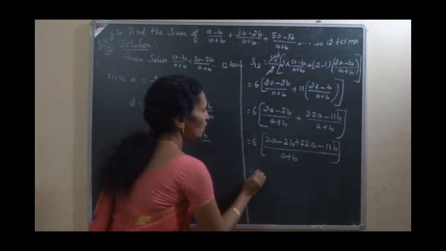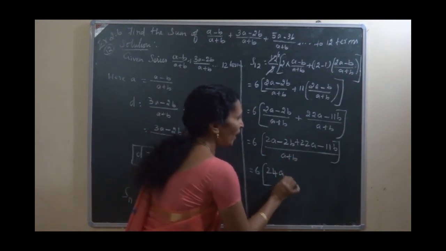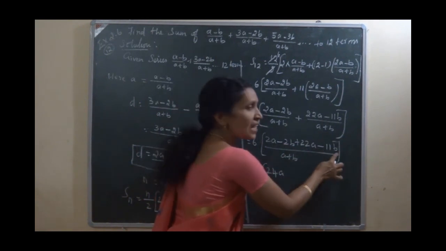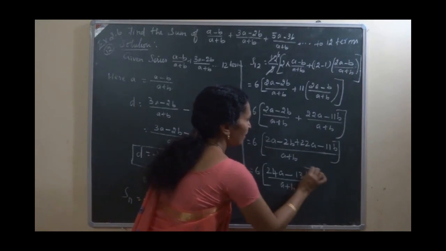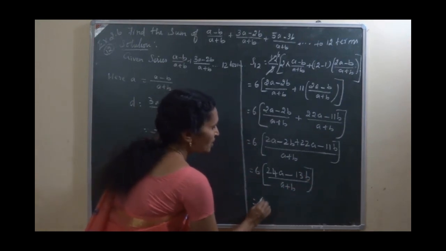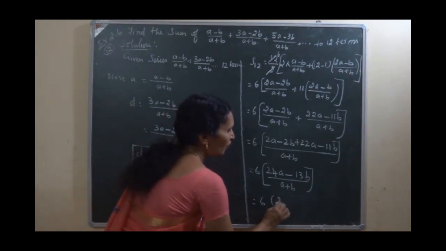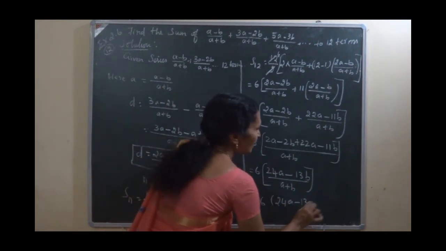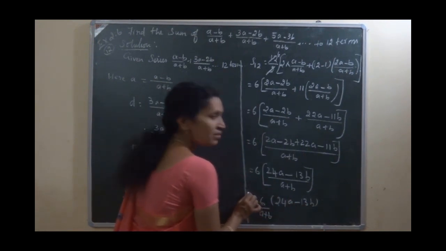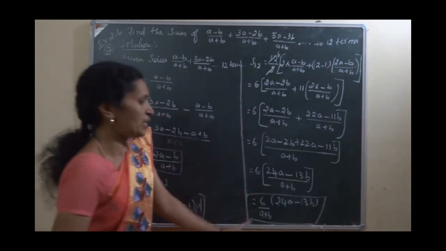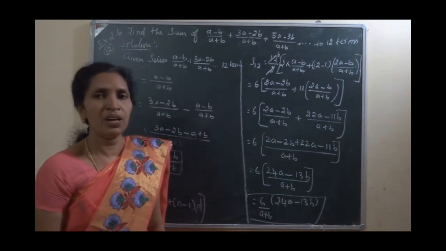That is equal to 6 into 2a plus 22a, 24a, minus 2b minus 11b, minus 13b, by a plus b. That is the answer. 6 into 24a minus 13b divided by a plus b, that is, 6 by a plus b into 24a minus 13b. Clear? Understood, students?